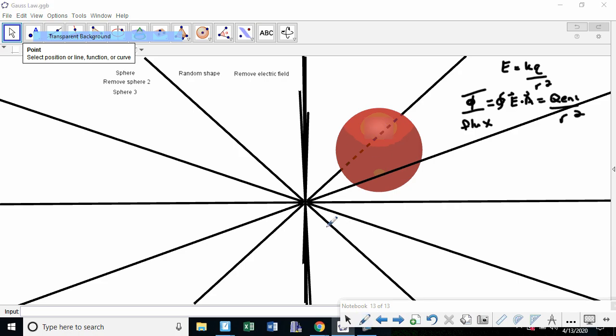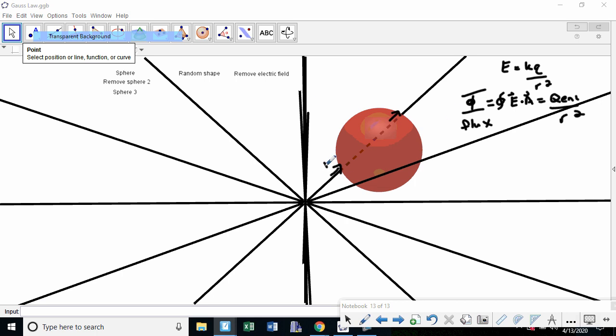So when I look at this Gaussian surface that I've drawn outside of my shape, I will notice that here I have one electric field line coming into my shape, and I have one electric field line going out of my shape. Okay? So in terms of the flux, how many electric field lines are coming into my shape?